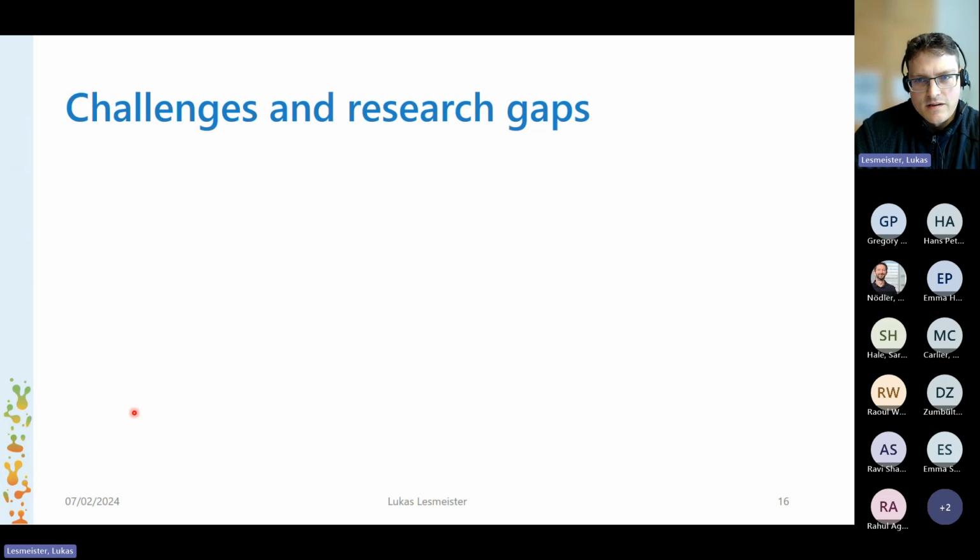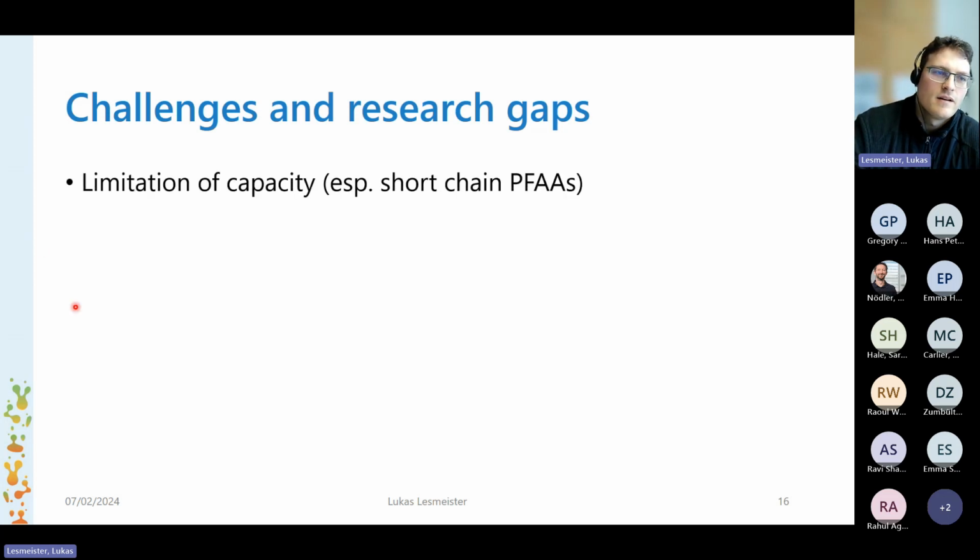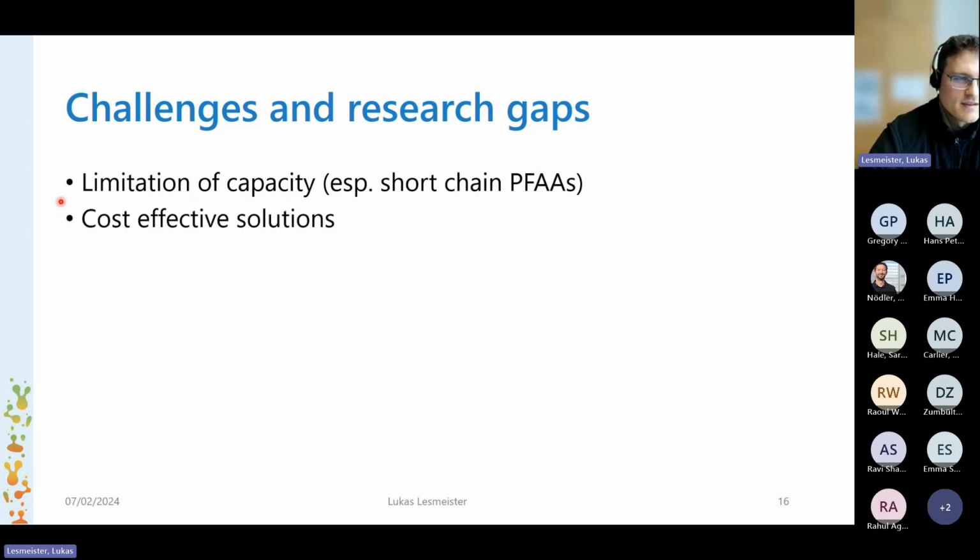There are still some challenges and research gaps that remain. First and foremost, the limitation of capacity, especially for short-chain perfluoroalkyl acids. There has been good improvement in recent years. The manufacturers of resins have done great work here to increase the capacity for PFAS, but there is still work to do.